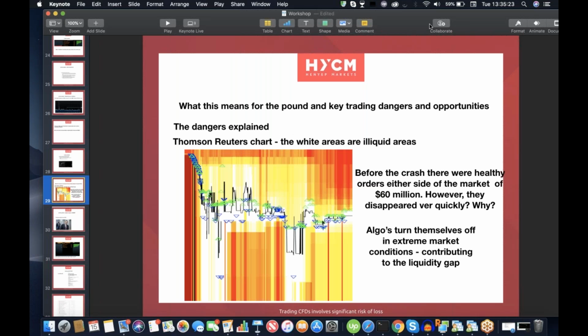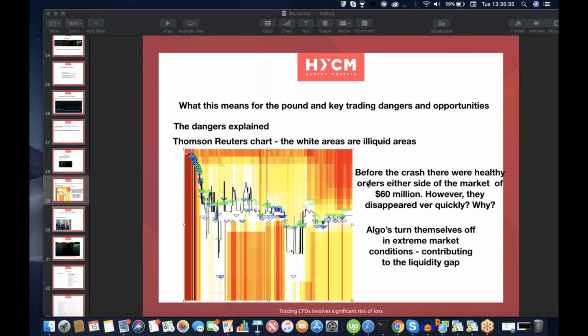Now, this was the Thomson Reuters chart, which shows you where orders are on the pound US dollar pair. Now, there was a crash of the pound US dollar pair in 2016, and it fell 700 points in about 60 seconds. And this shows you the dangers of the volatility.